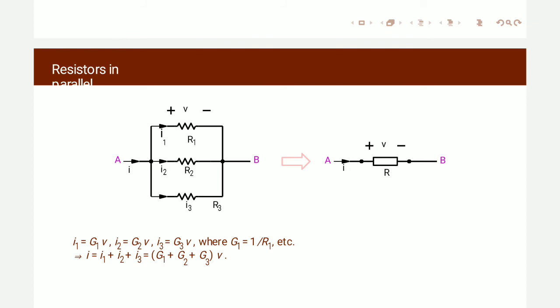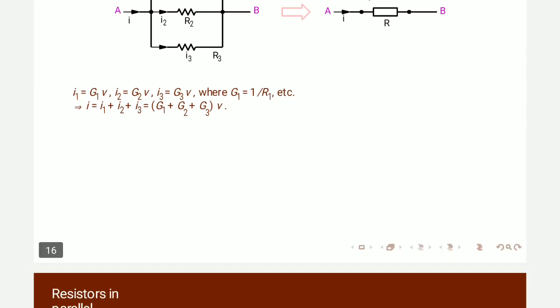By applying KCL, I is equal to I1 plus I2 plus I3, that is G1 plus G2 plus G3 into V.